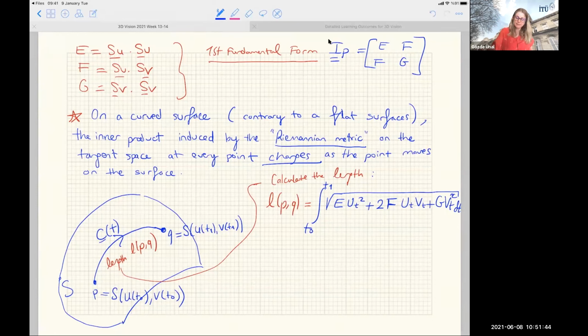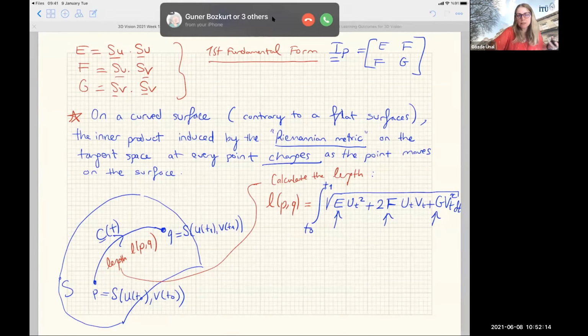You see here, these terms give me the local, changing metric over the curve on the surface. So it's a curved surface that we are following over this curve, and we're calculating the length.